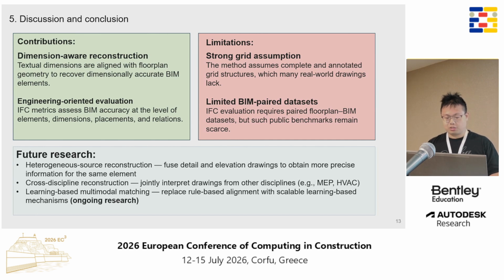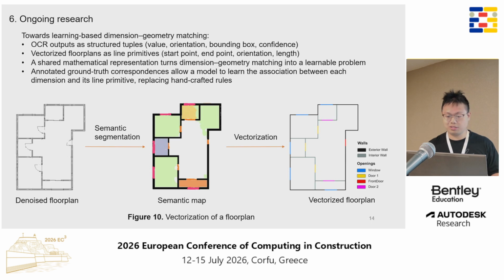So in future research, we could bring in more drawing types, but the direction I'm most excited about is learning-based matching. Let me show you a little bit of my ongoing research. The idea is to move from rule-based to learning-based.